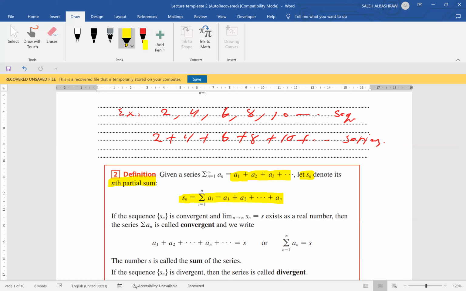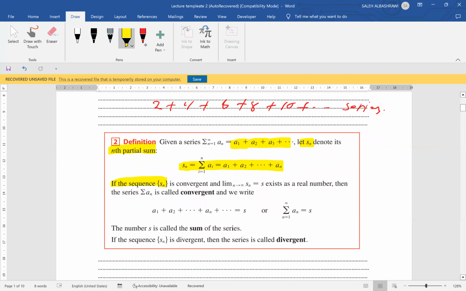Now this Sn will create a sequence. Now this sequence is Sn. If it is convergent, then the series is convergent, and if it is divergent, then the series is divergent.